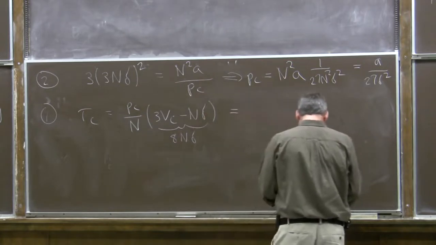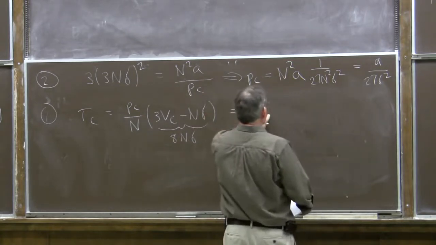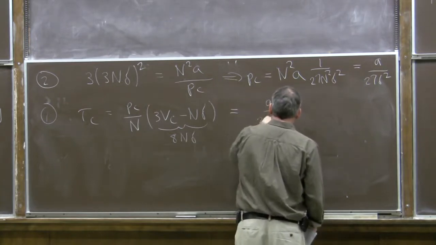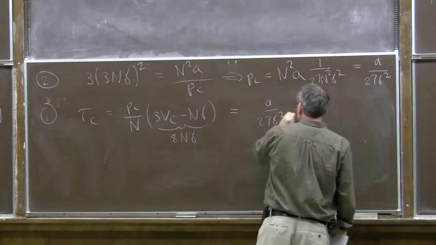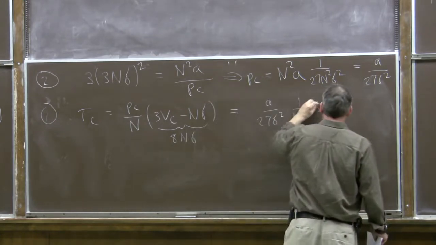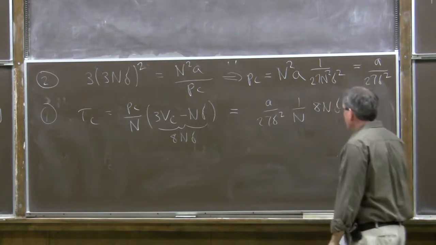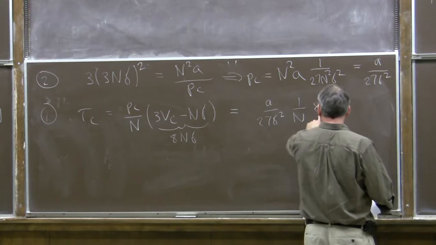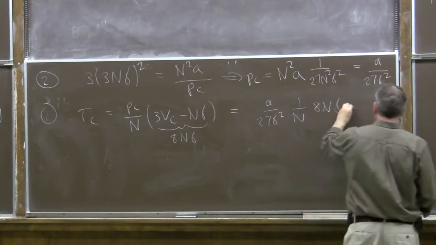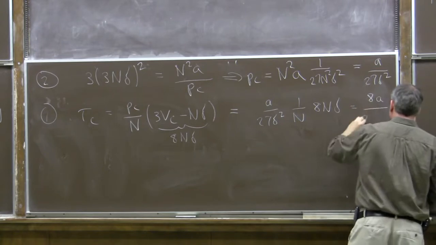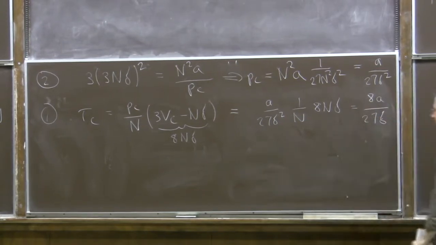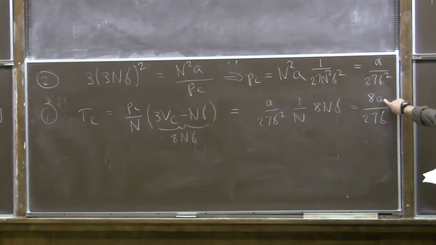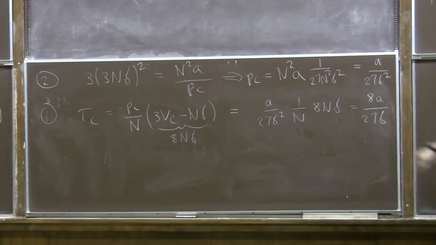The critical pressure is A over 27B squared. And we have 1 over N here, and then 8NB. So the N's divide out, as do one of the B's, and the critical temperature is 8A over 27B. Remember, B has the dimensions of volume, and A has the dimensions of energy times volume, so this is energy.